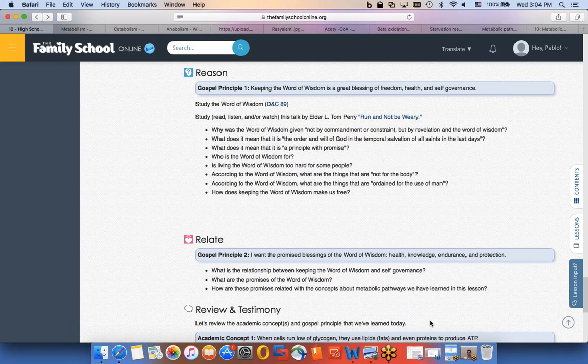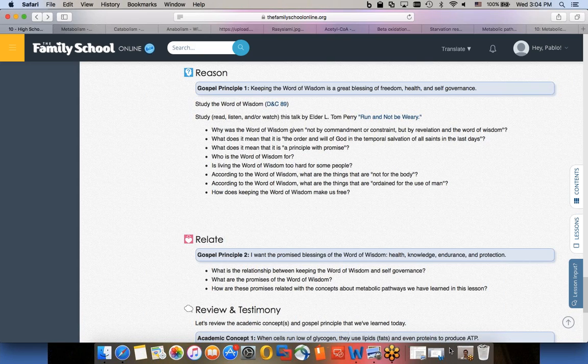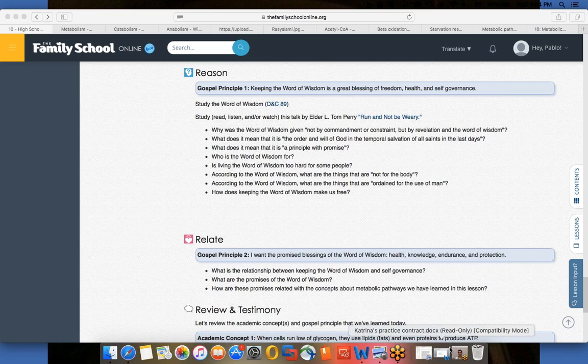Sure. So I'm doing gospel principle 1, correct? Yes. So it's keeping the word of wisdom is a great blessing of freedom, health, and self-government. Last year for Doctrine and Covenants in seminary, we studied the Doctrine and Covenants.